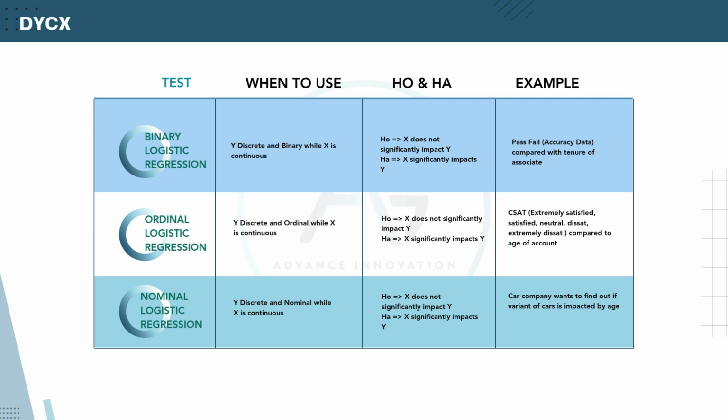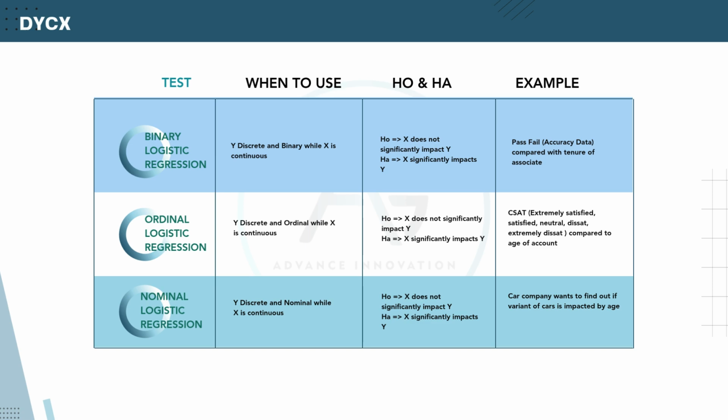Use binary logistic regression when your Y variable is discrete and binary, for example, pass or fail, yes, no, or 0, 1, and your X variable is continuous. Hypotheses: null, H0, X does not significantly impact Y, alternate, Ha, X significantly impacts Y. Example: we can test if employee tenure impacts the pass or fail outcome of quality checks.